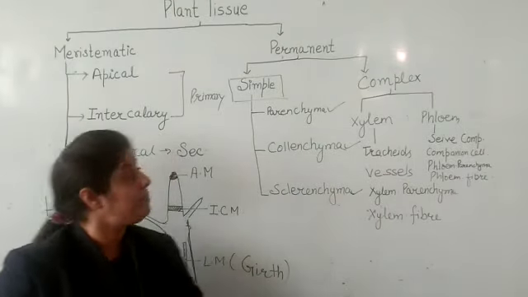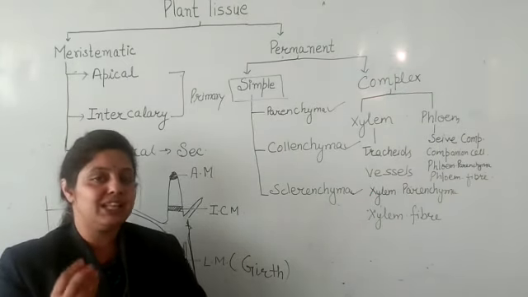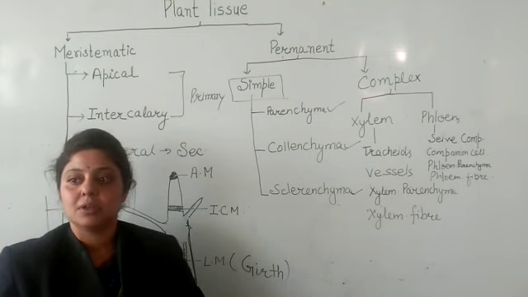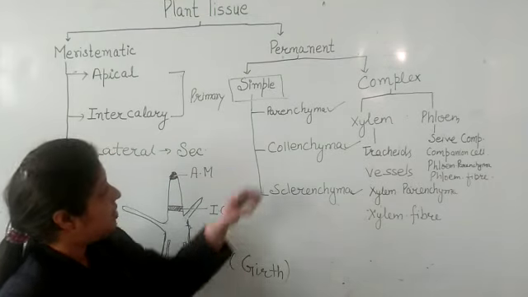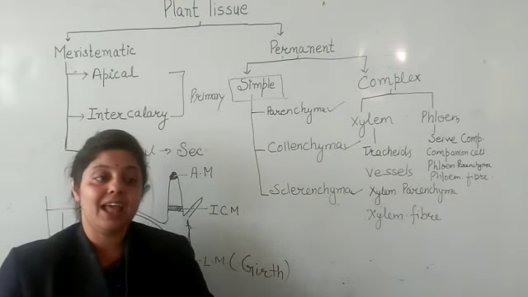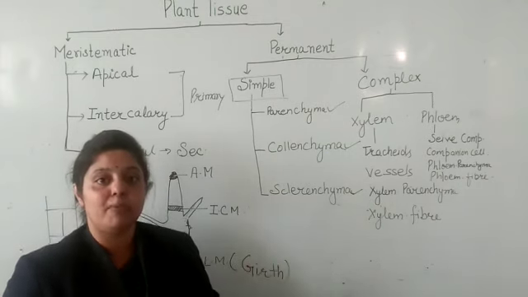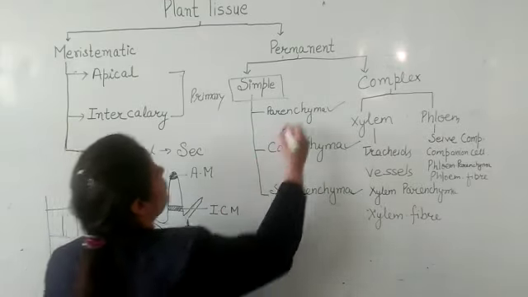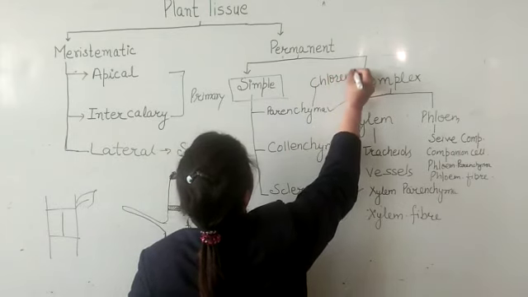Parenchymatous simple permanent tissue consists of cells which are living. They can perform various functions: they can store food, they can provide buoyancy to the plant, and sometimes they can also perform the photosynthetic function. Such kind of parenchyma is called chlorenchyma, as the word itself indicates.